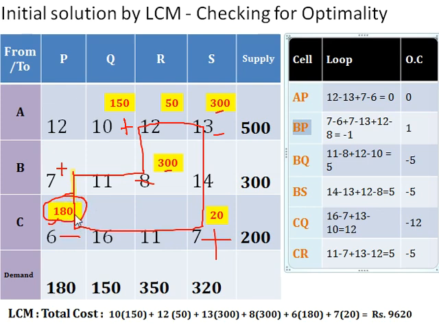So we are going to subtract this 180 at each negative corner and add this 180 quantity at each positive corner. So starting from this positive corner, we can allocate here 180. This positive corner will be added with 180. So the modified allocation will be 230.